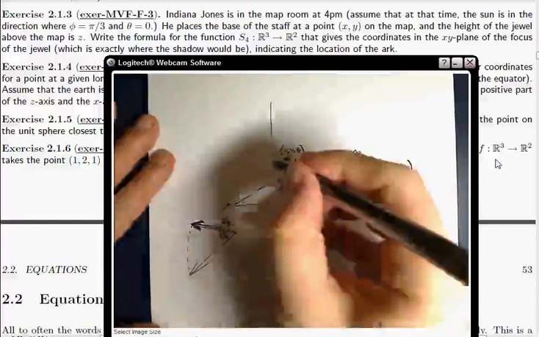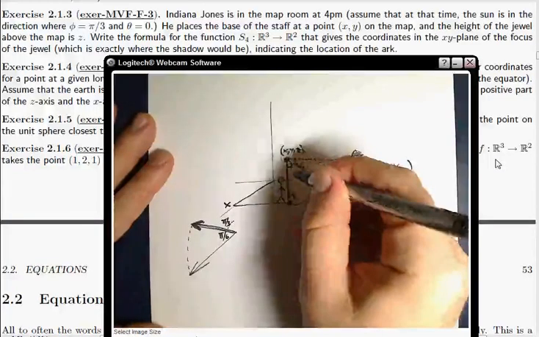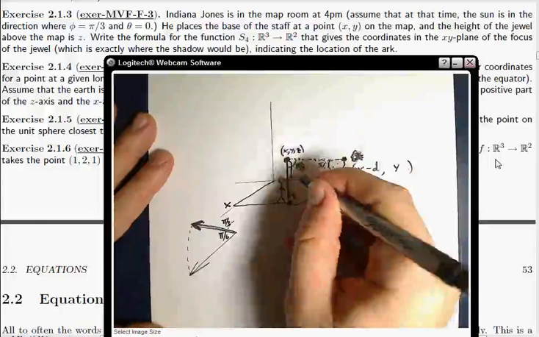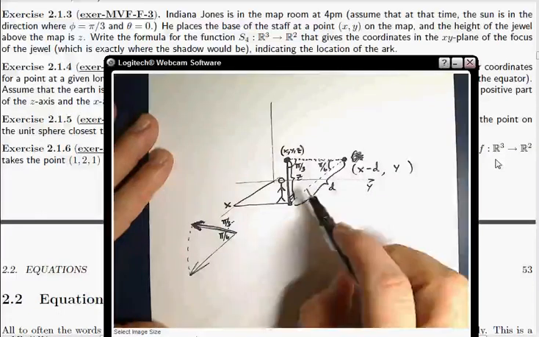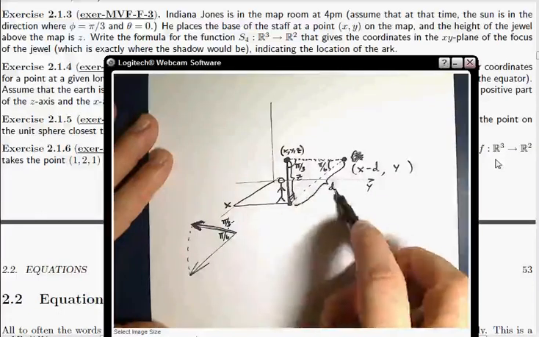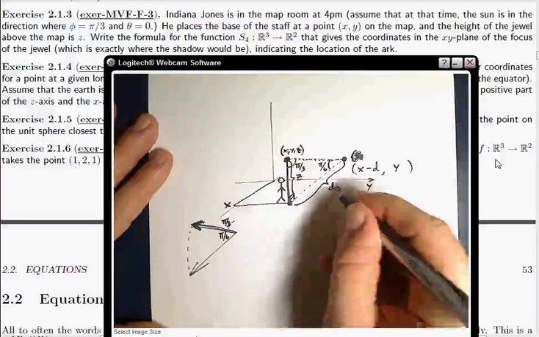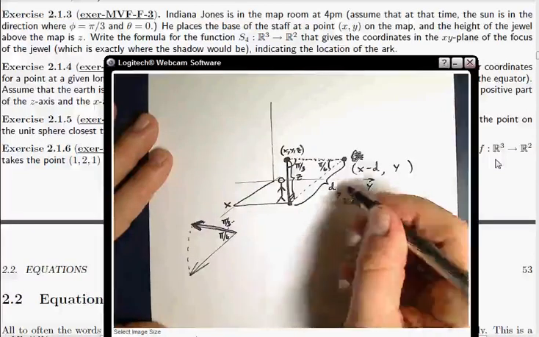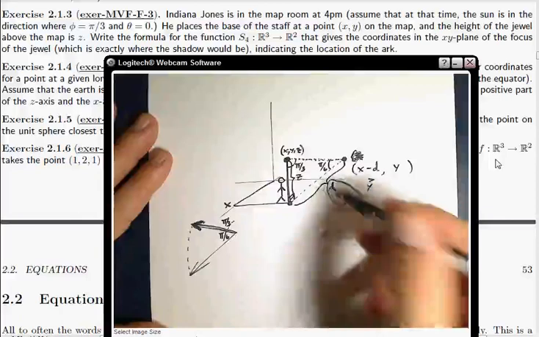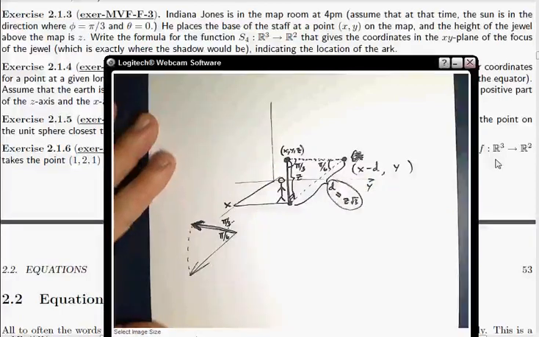So this distance there is z, and it's a 30, 60, 90 triangle. So that makes that square root of 3 times z. So I'll say z square root of 3. Does that make sense to everybody?